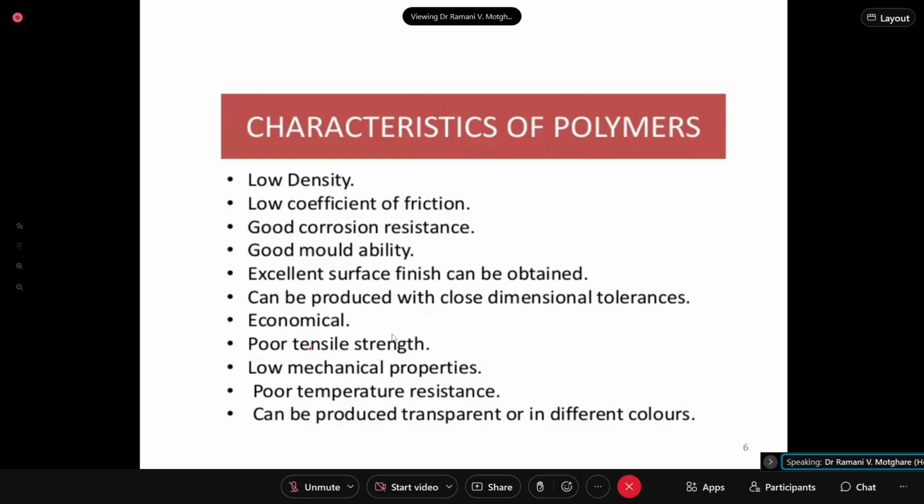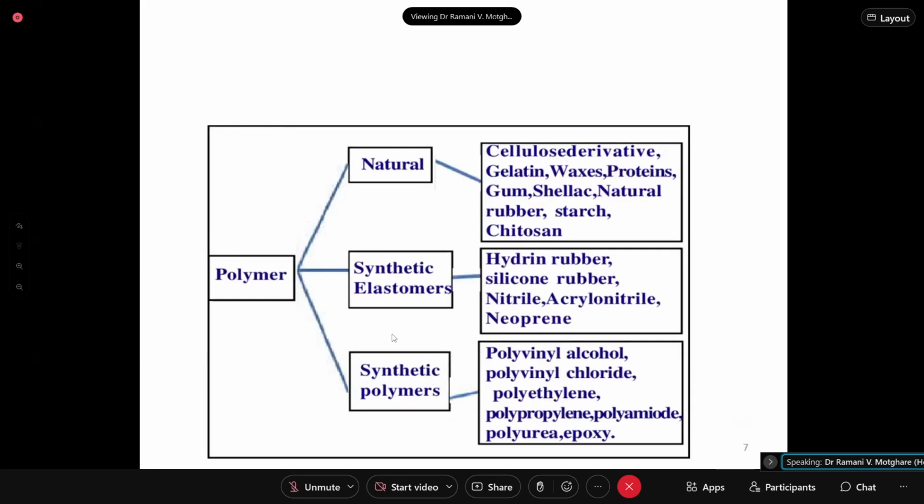They are economical, with poor tensile strength, low mechanical properties, and poor temperature resistance, and can be produced transparent or in different colors. So you can make it more lucrative by putting certain dyes or color into it. So there are natural polymers, synthetic elastomers and synthetic polymers.